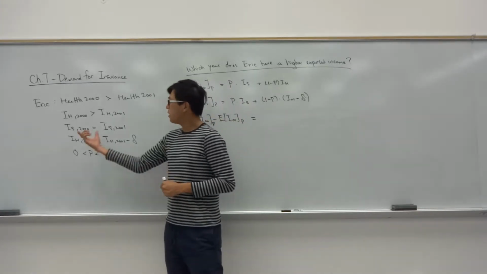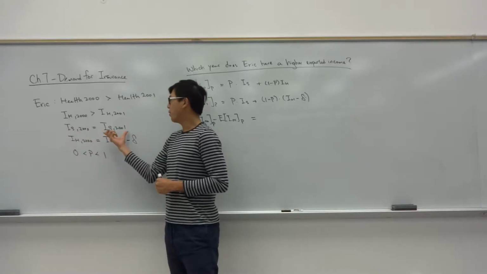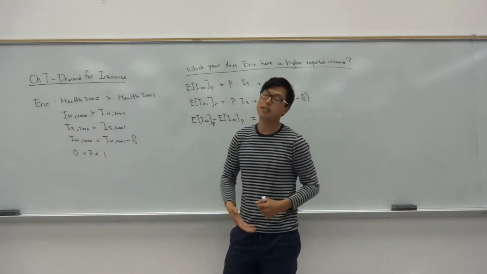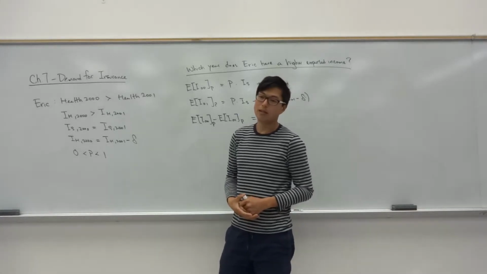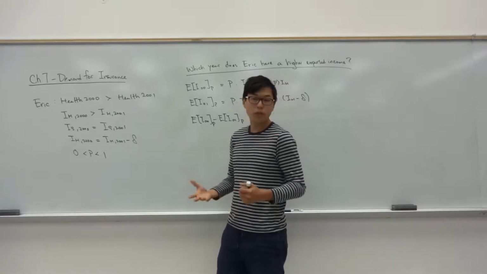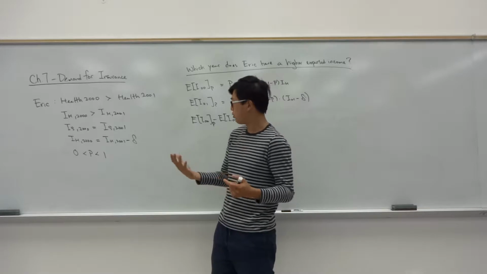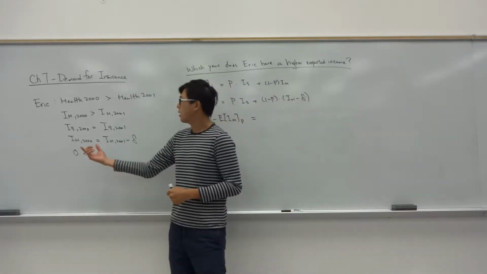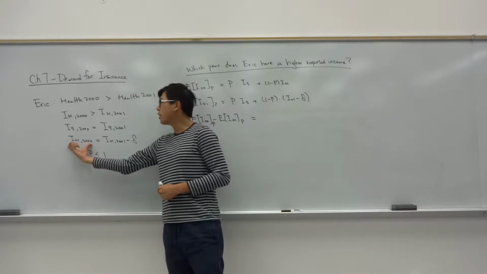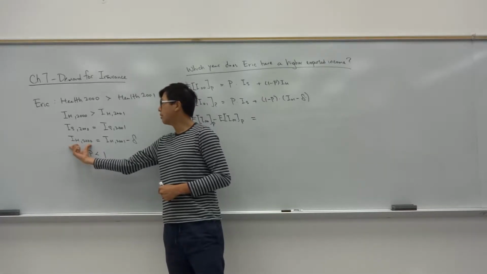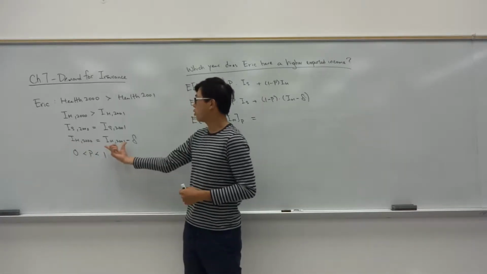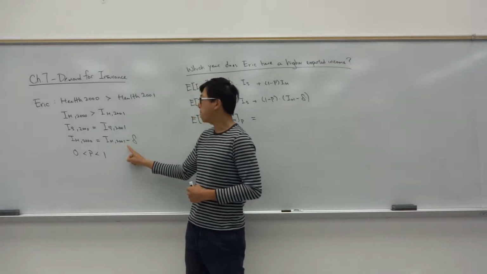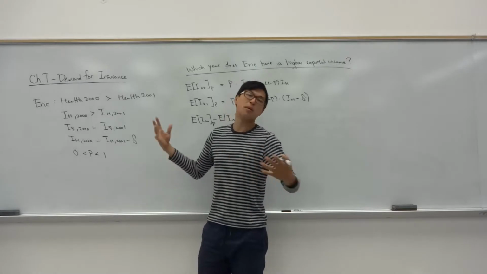However, on the other hand, we assume the sick income for Eric in both years is the same. So that means if he falls sick, he will always earn the same level of income in both years. We also assume the healthy income Eric earned in the year 2000 is equal to the healthy income in 2001 minus some delta, just some number.